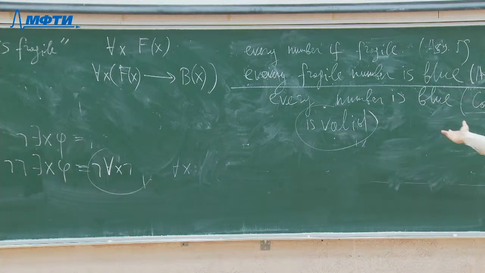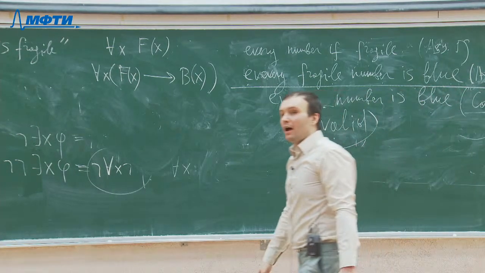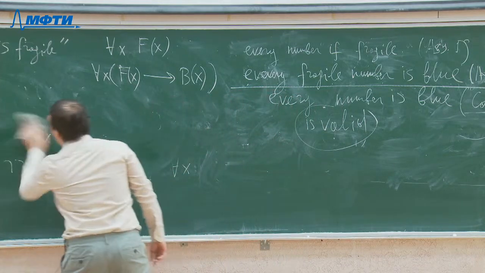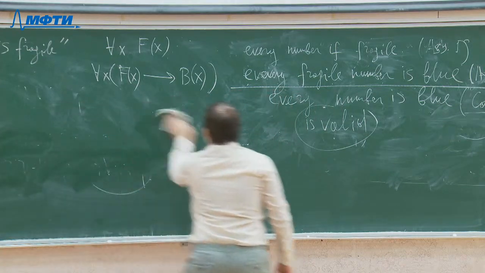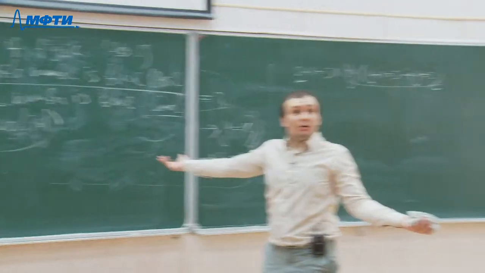Oh, easier, isn't it? If x is fragile, then it is blue.